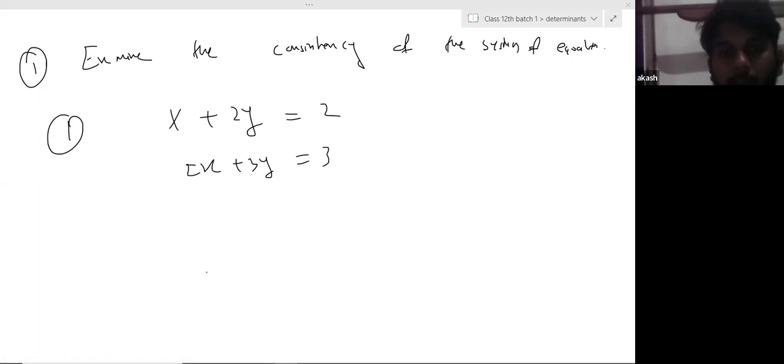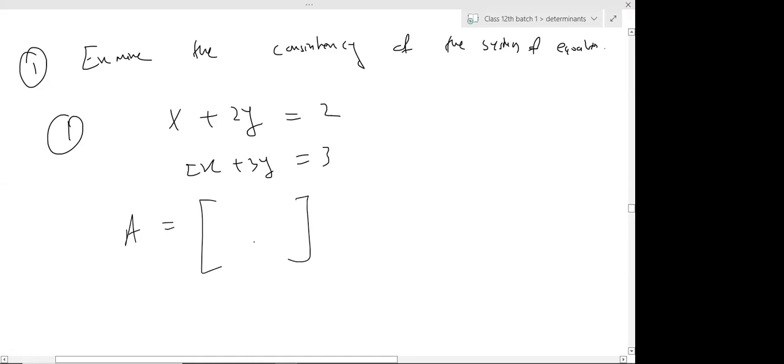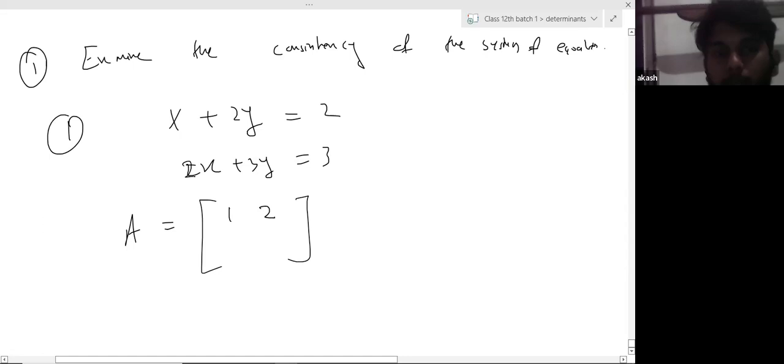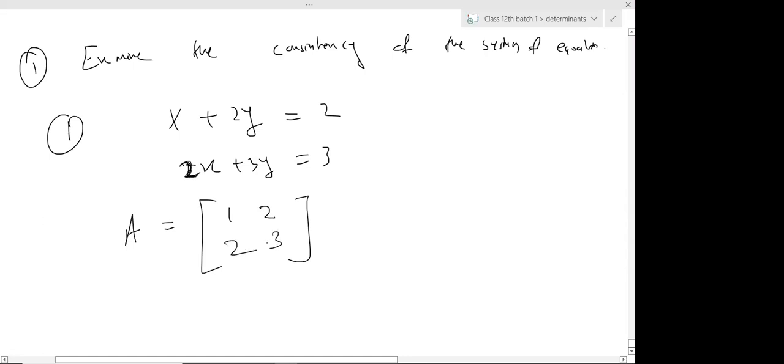Let me solve the first question. Here the matrix A. What will be matrix A? 1, 2. So what is the coefficient of x? Here this is 2, 3.